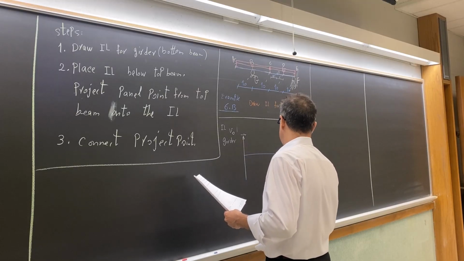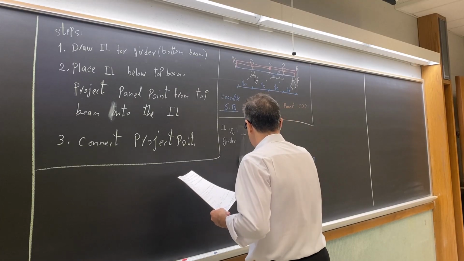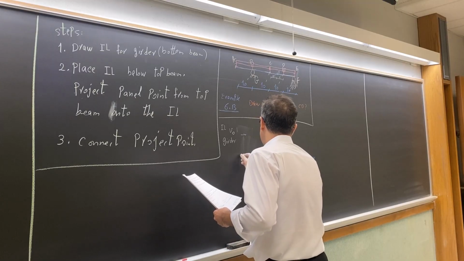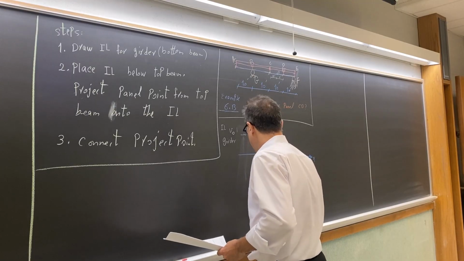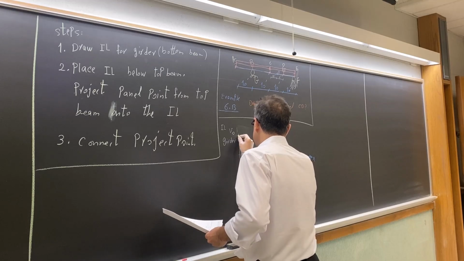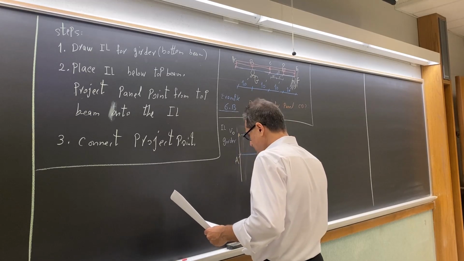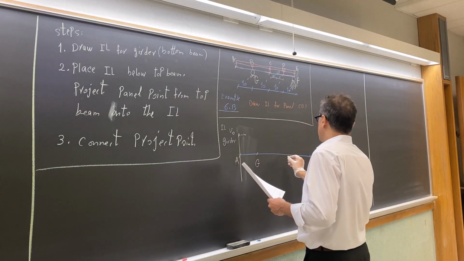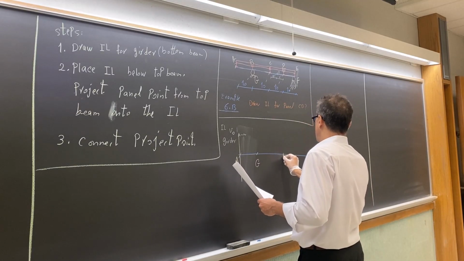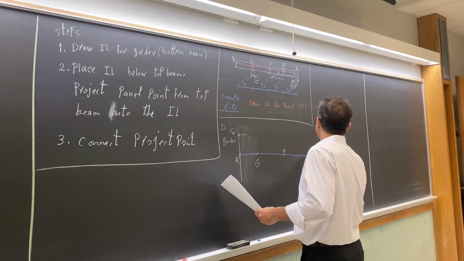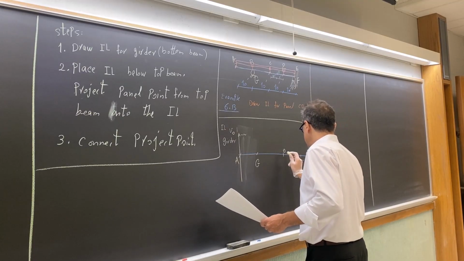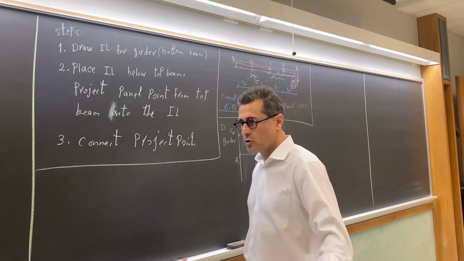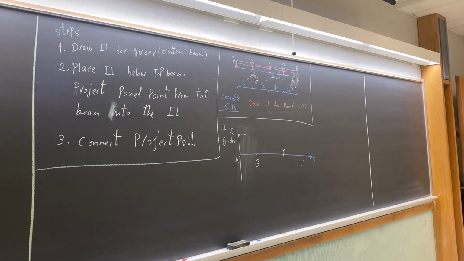Point. I draw it exactly below. This is point A. This is point G. This is point O. And this is point F. Any question? Remember, this is the girder.